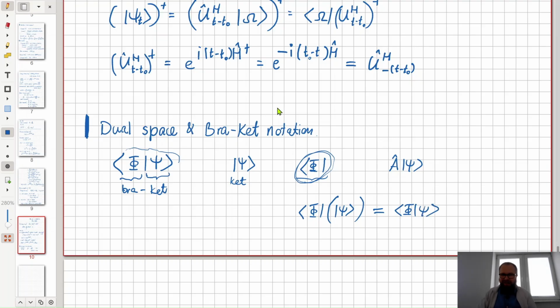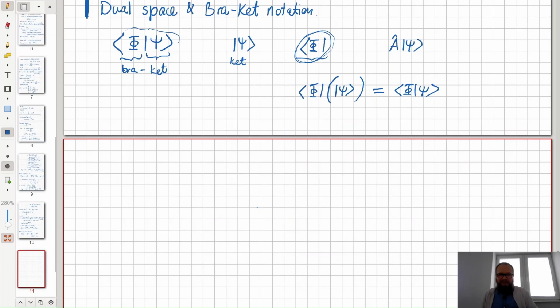So basically, what they are saying is that bra is a map that takes vectors from Hilbert space and sends them to the inner product with this argument fixed. So this is what bra is supposed to represent.